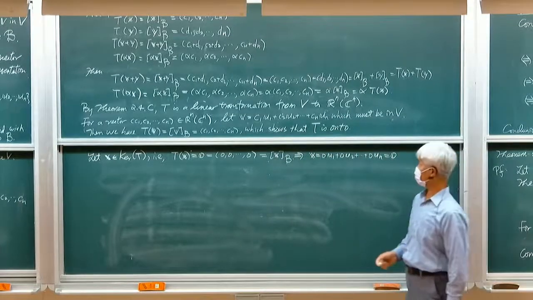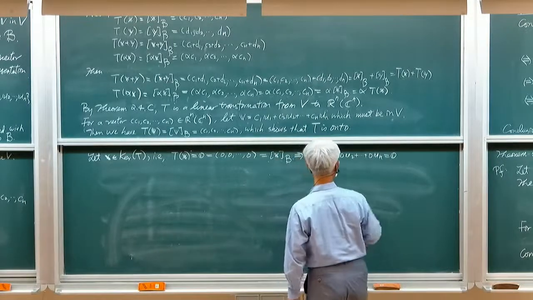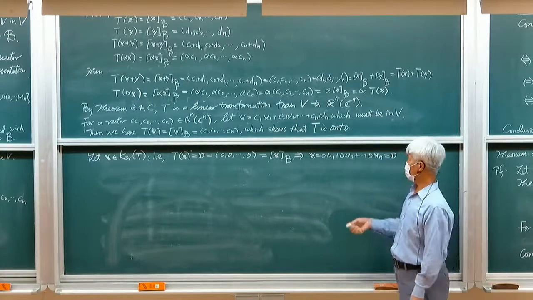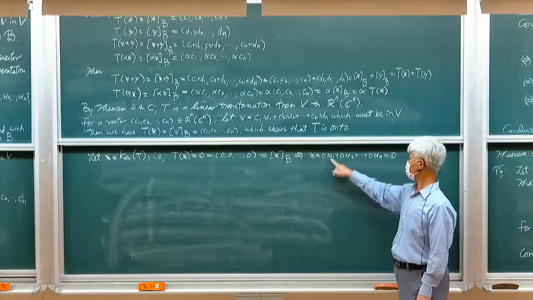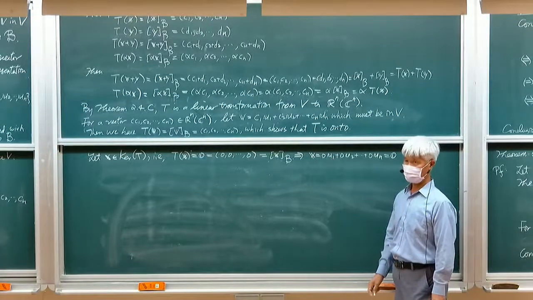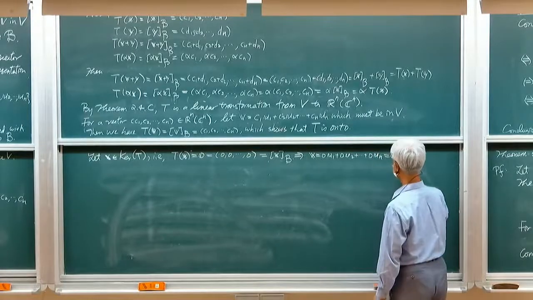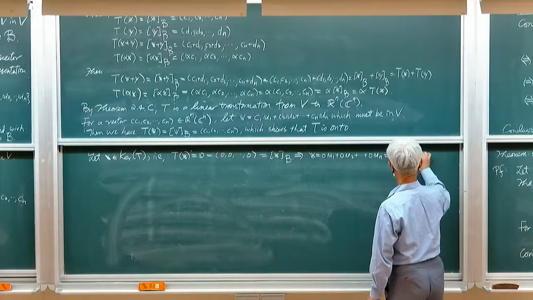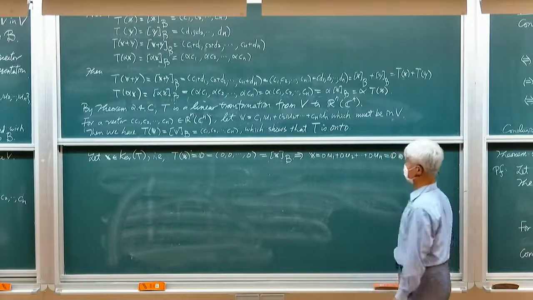Immediately, because the coordinates of x are zeros, x can be recovered by taking the linear combination of the basis vectors in B, and so this is 0. So this implies that the kernel of T consists of the 0 vector only.